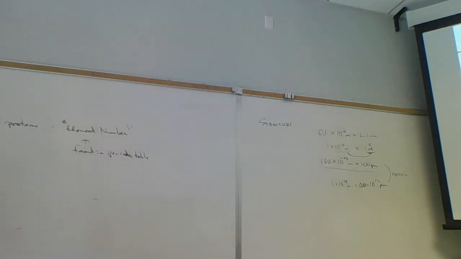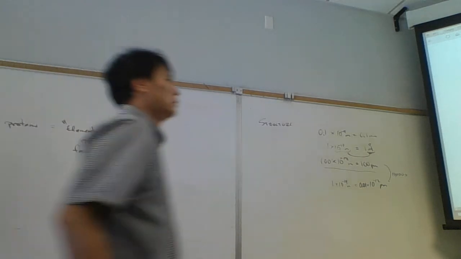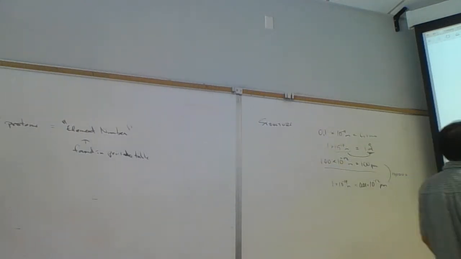So it doesn't matter. I'll come back to this slide in just a second. But it doesn't matter if the oxygen atom is heavier or lighter. They all have the same number of protons. And so how many protons does oxygen have? Well, it's this number here, 8.